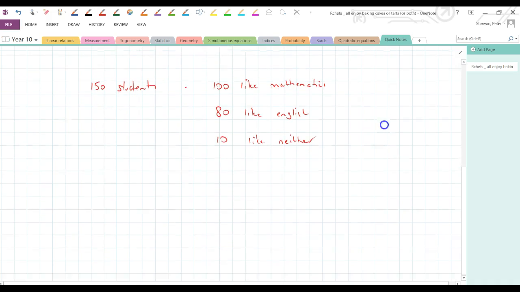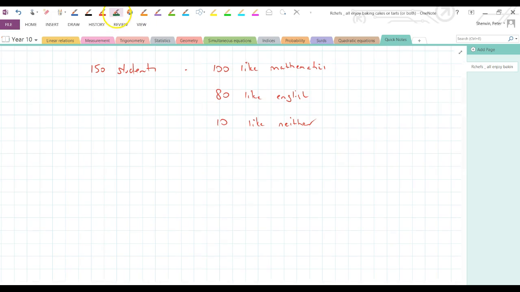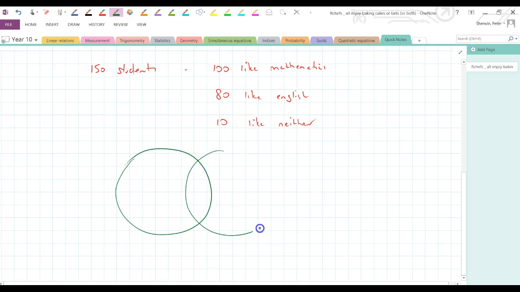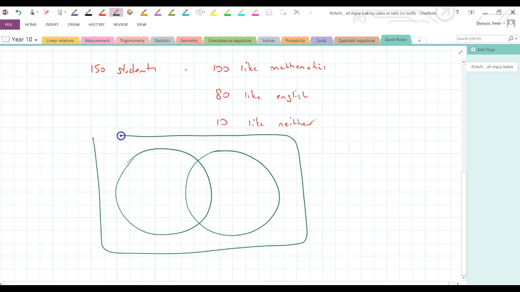So let's make a Venn diagram to demonstrate this information. All my 150 students have to fit into my sample space.